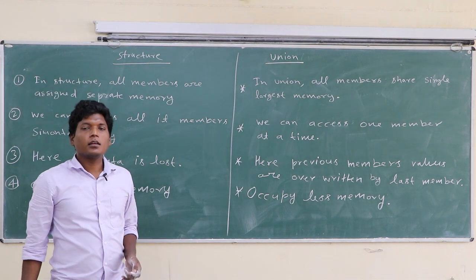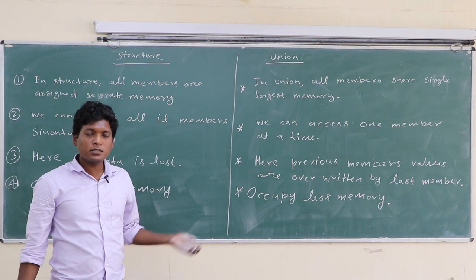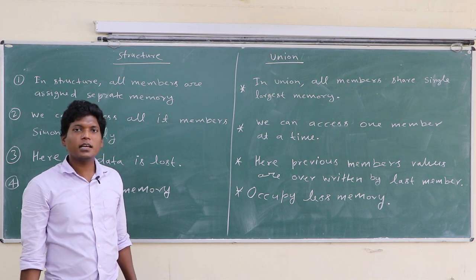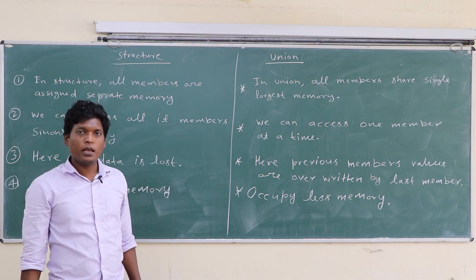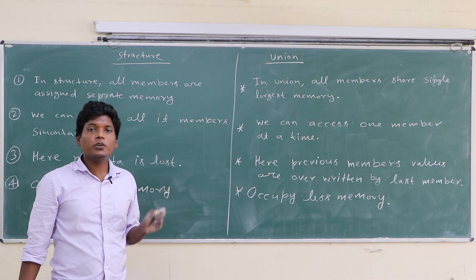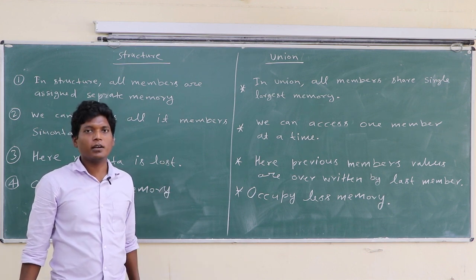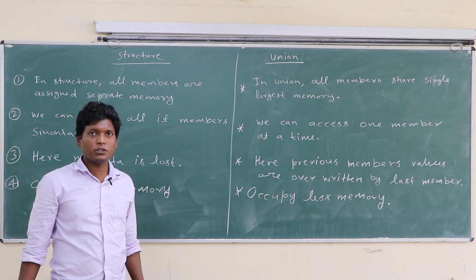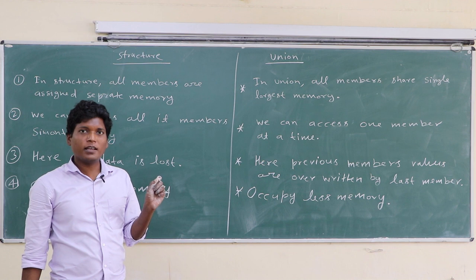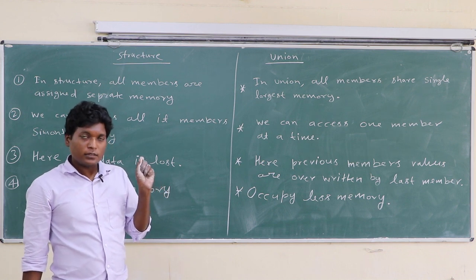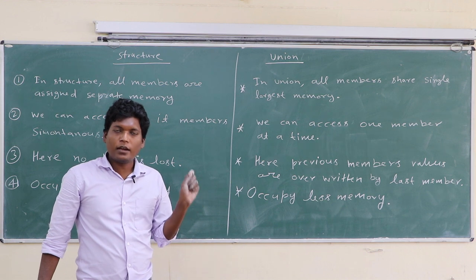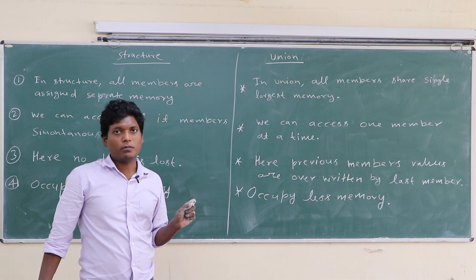Class, these are some differences between structure and union. Syntactically, structure and union are both the same, except in structure we use the struct keyword, in union we use the union keyword. Conceptually both are the same. There is a single difference: how structure occupies the memory and how union occupies the memory.